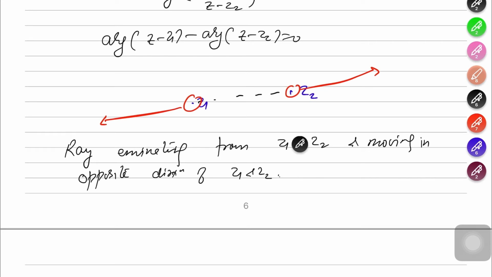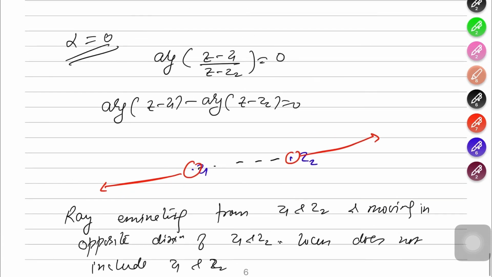Important: the locus does not include z1 and z2. So for alpha 0, it just represents a ray originating from z1 and z2 in opposite directions.